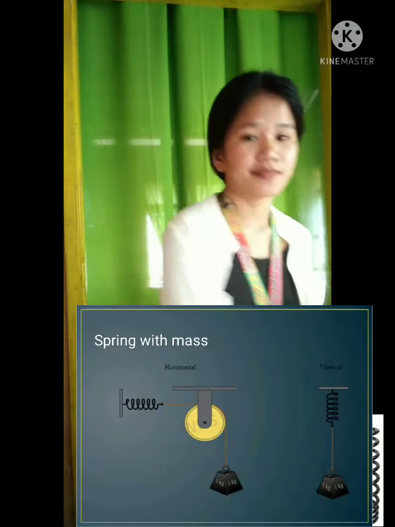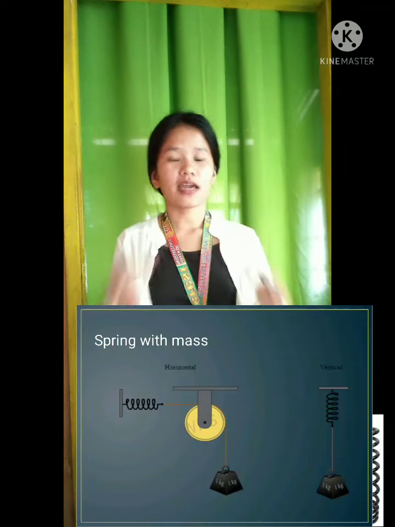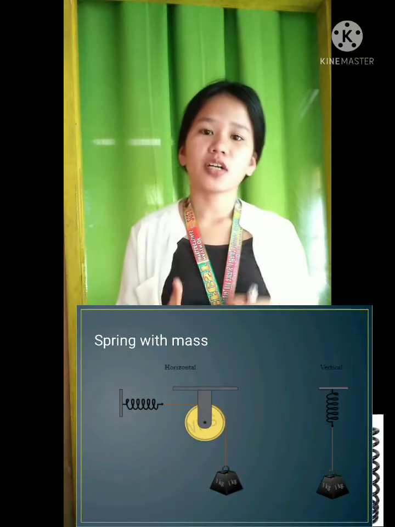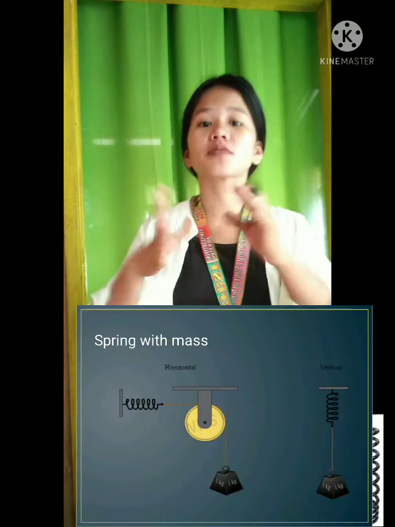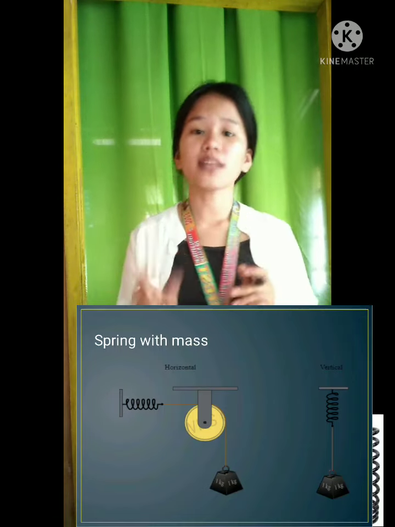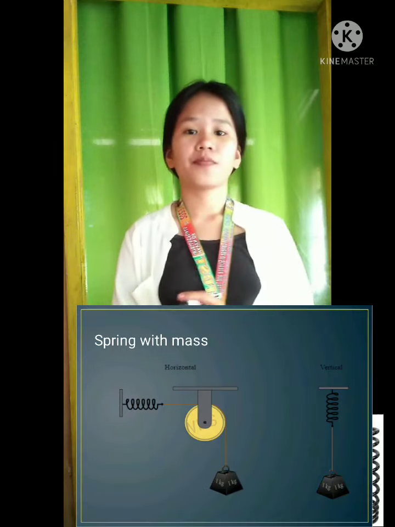Now let's proceed with the spring with mass. What is the extension of the spring in each case, as you see in the picture? As you can see, the spring is pulled by the same mass, which is 1 kilogram, both horizontally and vertically.